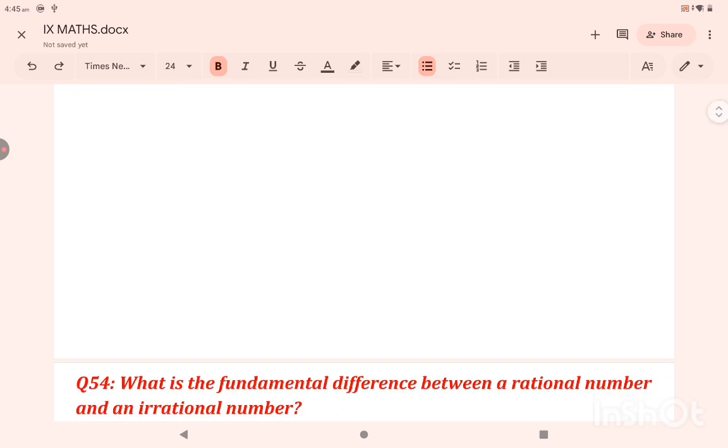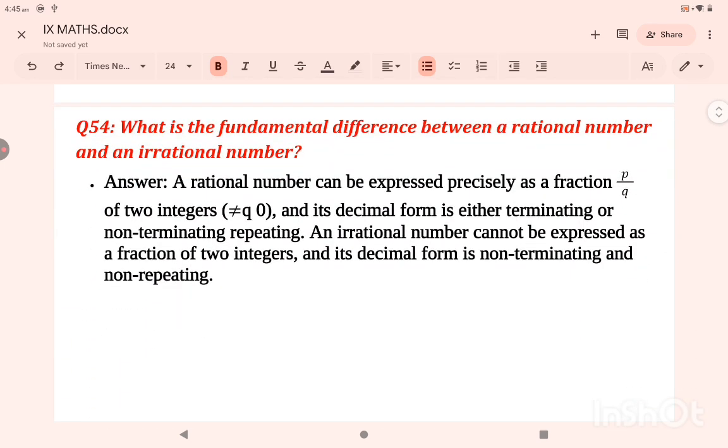Now next question. What are the fundamental differences between a rational number and an irrational number? Rational number means that it can be expressed in the form of p by q.